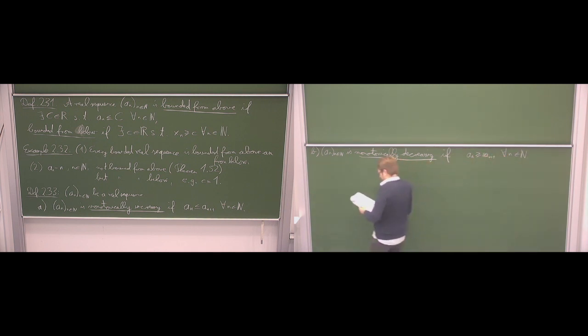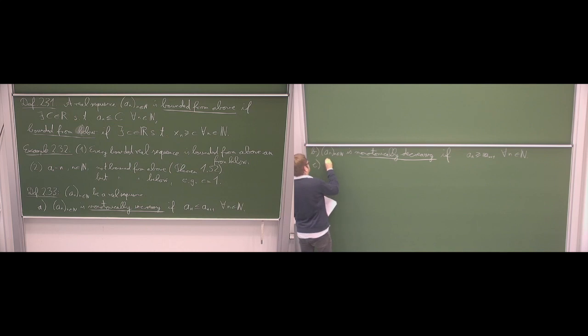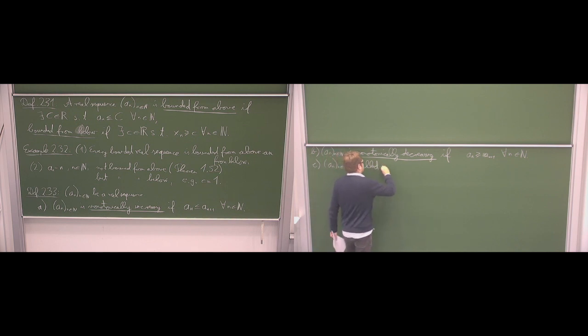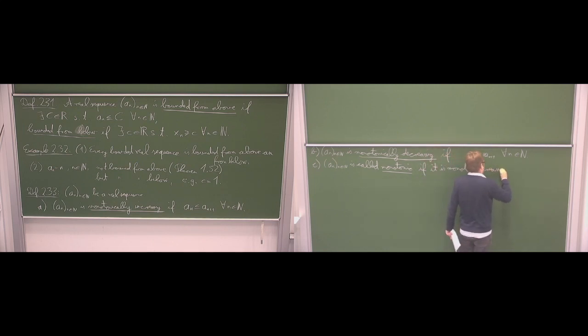And just to summarize these things, we call the sequence a_n monotonic if it's either one or the other. So just to summarize these two cases, it's monotonic if it is monotonically increasing or monotonically decreasing.